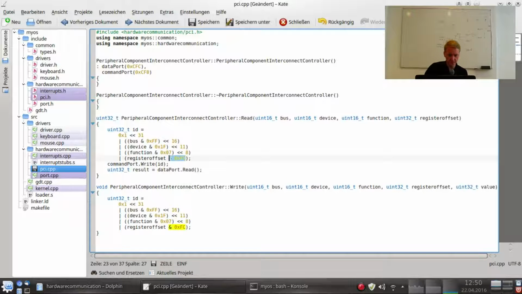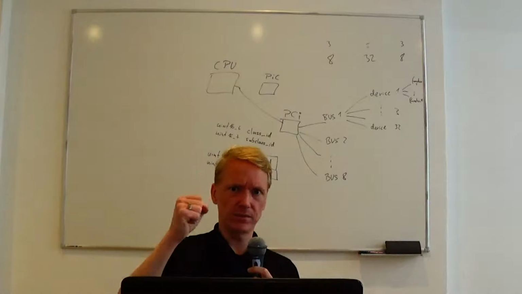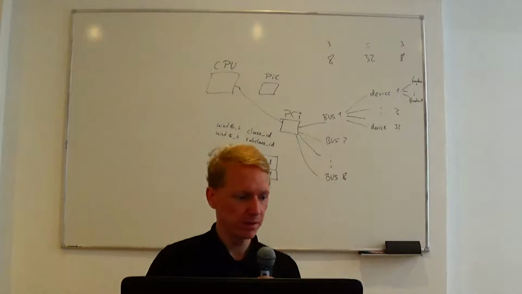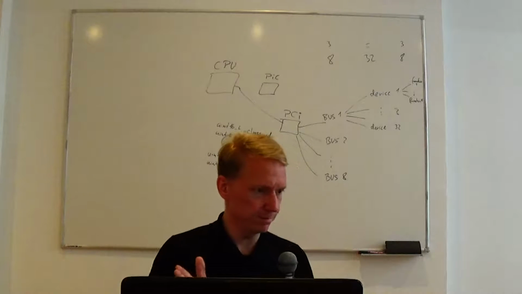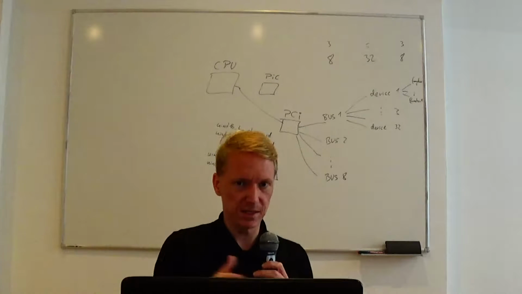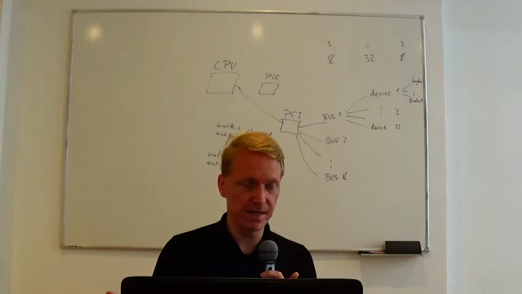One thing you may have noticed, the register offset here. We take the bitwise AND with the number 0xFC, and that means we are cutting off the last 2 bits of this number. So the numbers are 4 byte aligned.